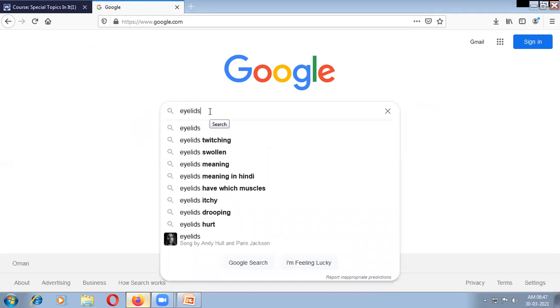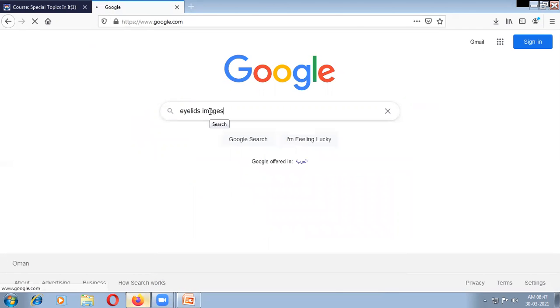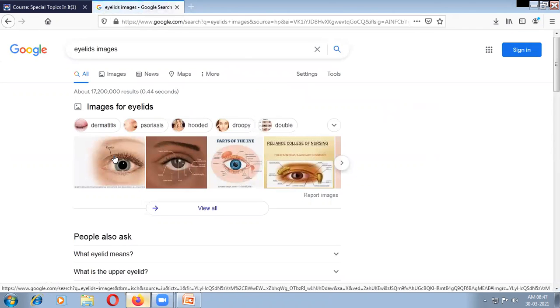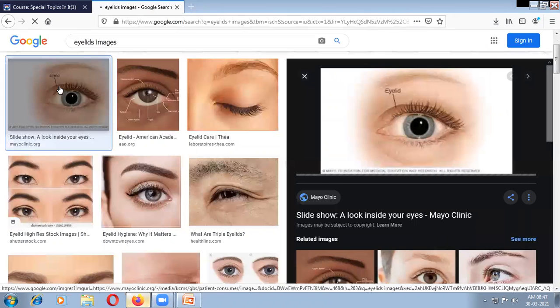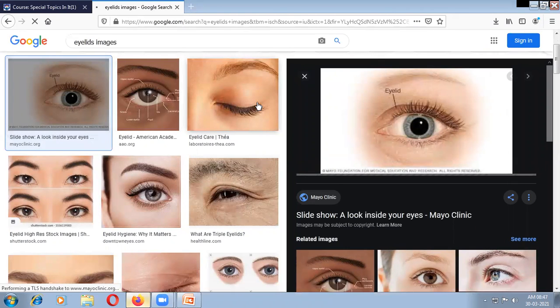You want to know about highlights, search for highlight images. So probably all highlight images are coming up here. This is highlights. So we have highlight, then eyelash. Two things are above your eye. Highlight is the skin above the eye.